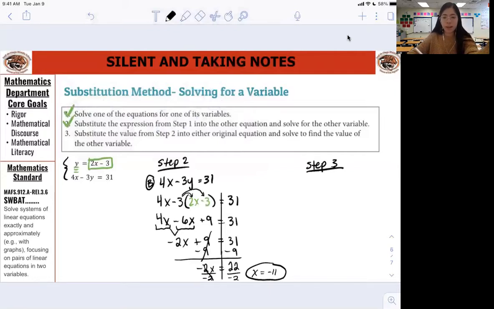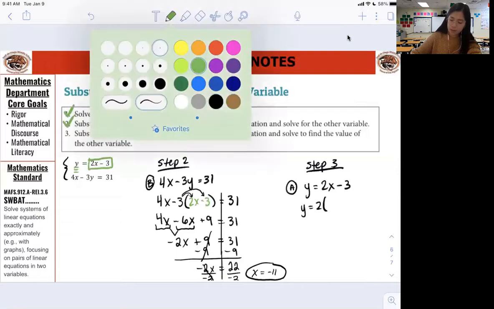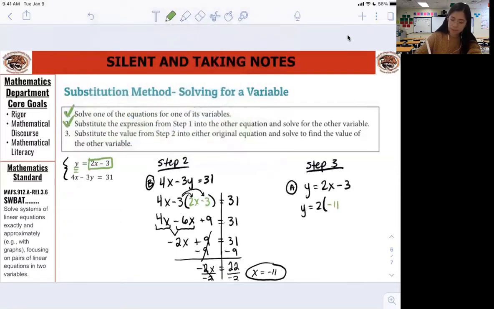Step 3, I'm going to plug that number, negative 11, back into one of my original equations. Doesn't matter which one. I'm going to choose equation A because it looks a little bit more simple. So here we go. y equals 2 times negative 11, parentheses, minus 3. 2 times negative 11 is negative 22. And negative 22 minus 3 gets more negative.